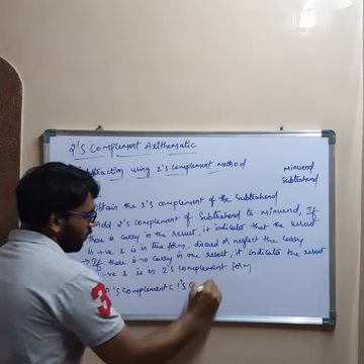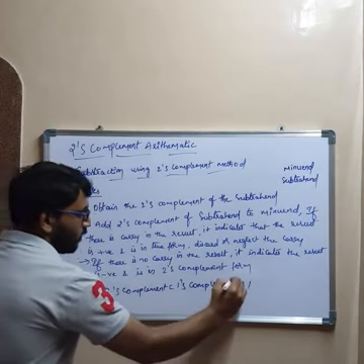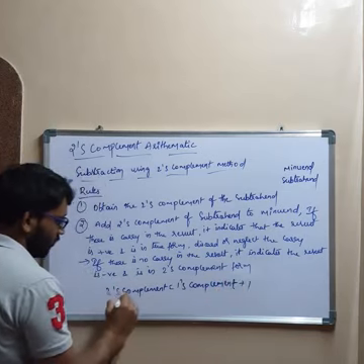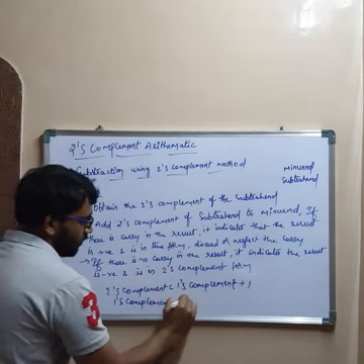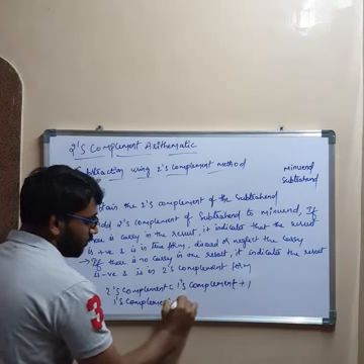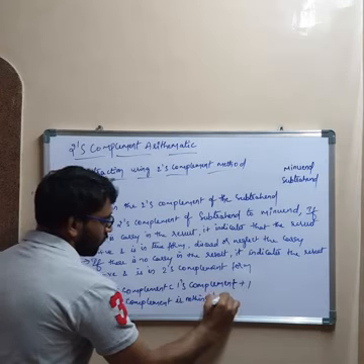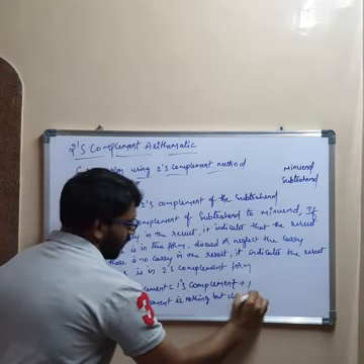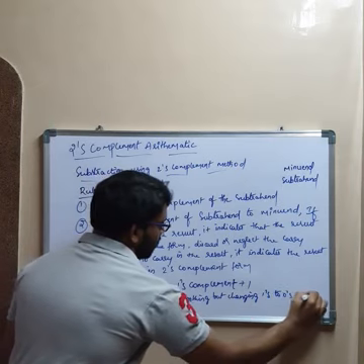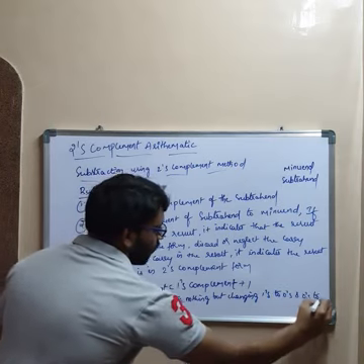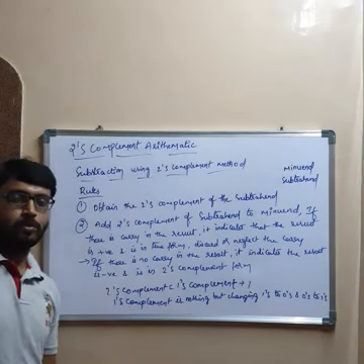What is meant by 1's complement? It is nothing but changing ones to zeros and zeros to ones. We can obtain the 1's complement of the given number this way.